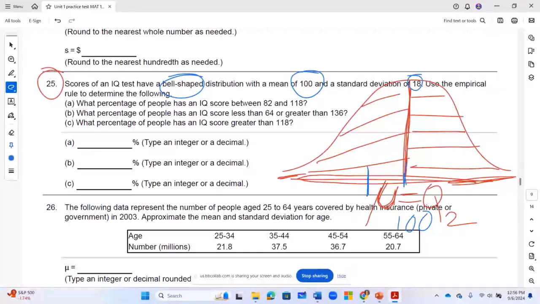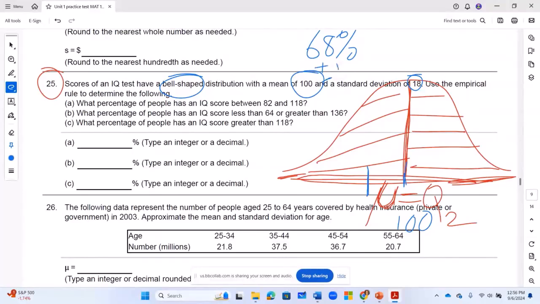Remember, the empirical rule says 68% of any data in a normal distribution lies within plus or minus one standard deviation.